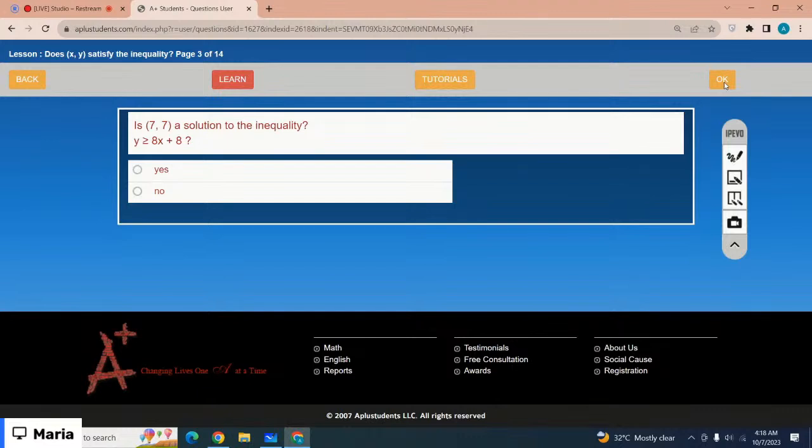Okay, the next one: is (7, 7) a solution of the inequality? So which is the correct option? Yes or no?